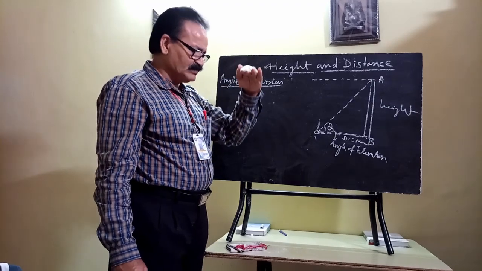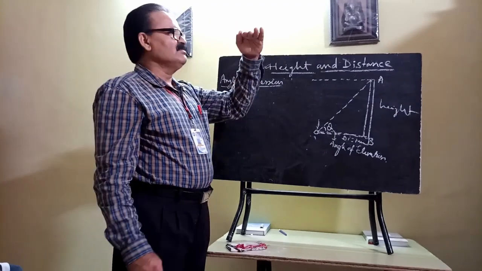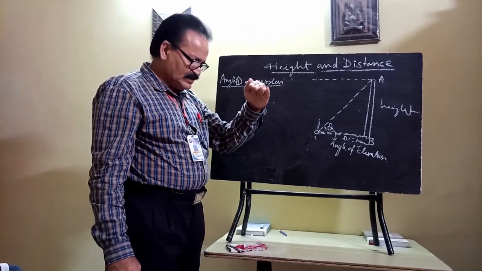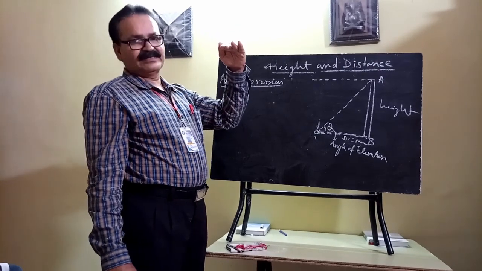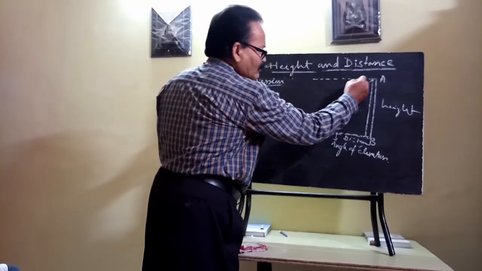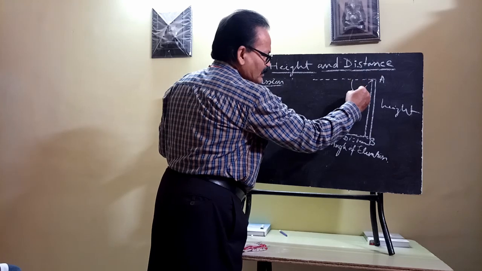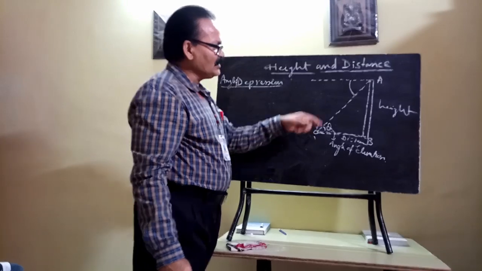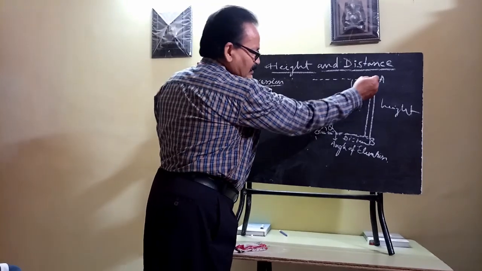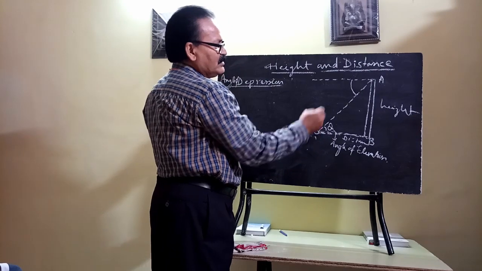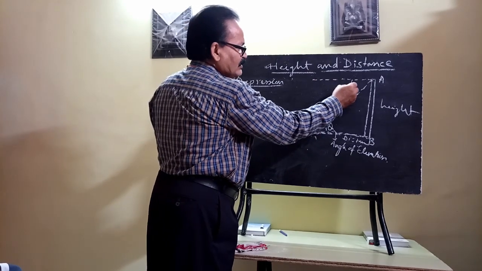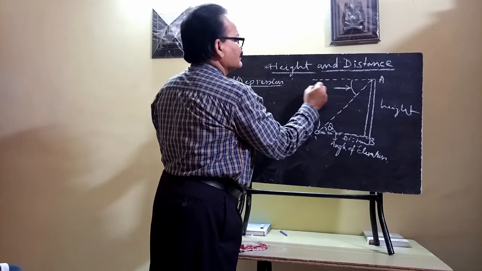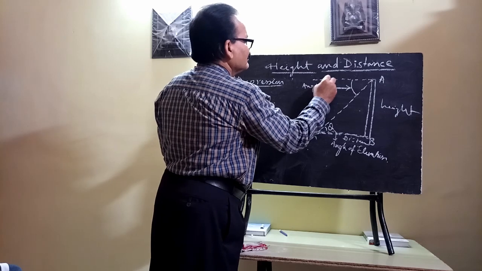That means his eye is now falling downward, gradually shifting downward, not elevating. So the line of sight has to be lowered downward. As a result, the angle formed between the line of sight AO and the horizontal is your angle of depression. This angle is the angle of depression.